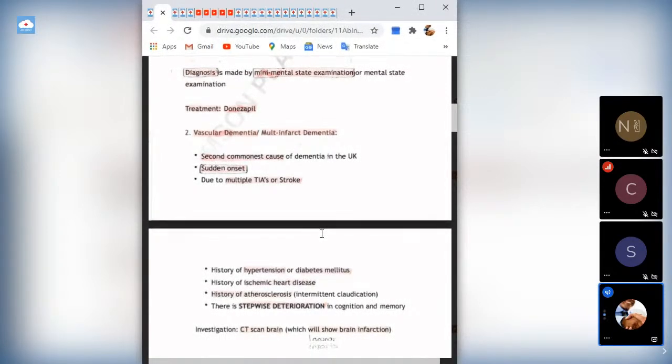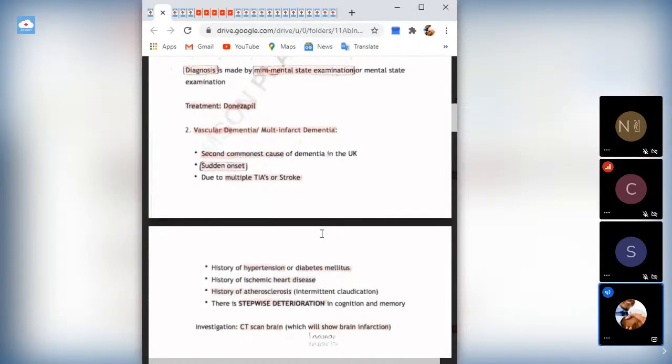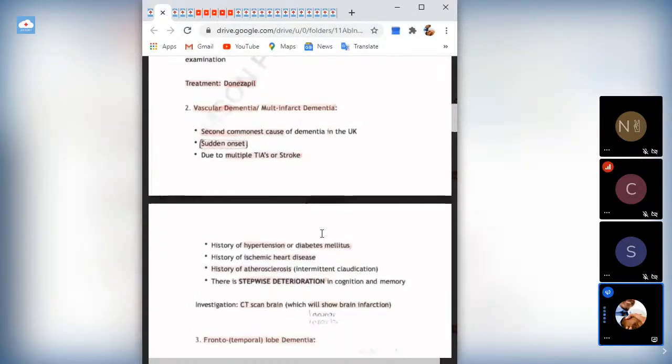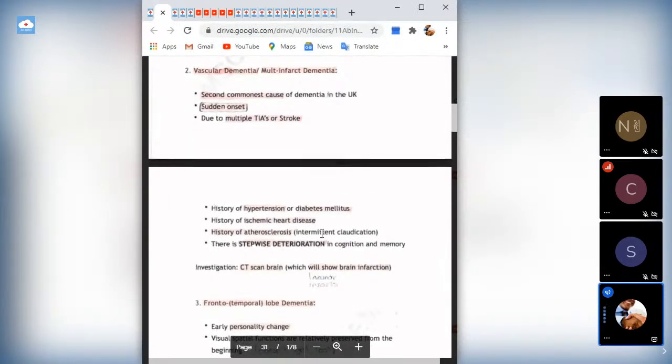Yeah, good evening. Okay, so vascular dementia is the second commonest cause of dementia in the UK. Now, once you hear anything is vascular, just know that it is likely going to be sudden onset, rapidly progressing. Now there's the so-called stepwise ladder of vascular dementia.